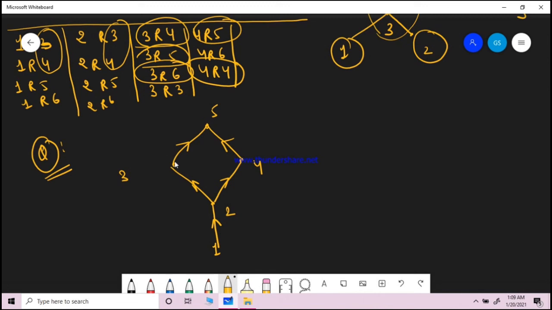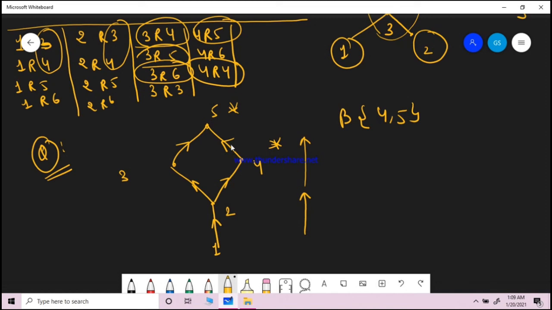Earlier you didn't know whether 3 is connected to 4 or not, but you cannot travel like this. You have to traverse in this direction, not in this direction. So this is the case. Now I have a subset that is 4 comma 5. So you have to basically focus on this part. Again you have to find out all the connections.